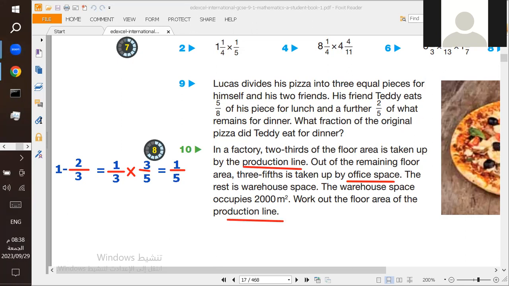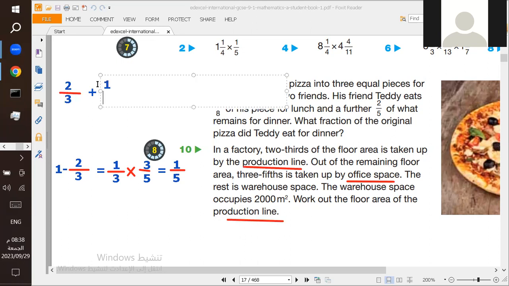This is the 2/3, this is the production line. And then what's left is 1 over 3. When you multiply it by 3/5 it is 1 over 5. When you add these together, I'll do it fast because you didn't take addition of fractions, but you have to understand the question.